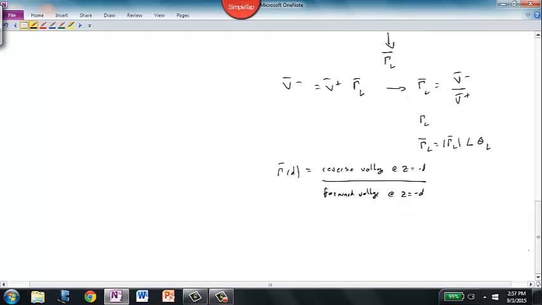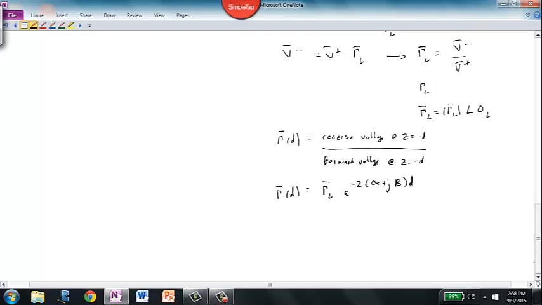We could do a little bit of math to show it, but I'll save you the time and give you the results. If we plug z equals minus d into the equation for reverse voltage and forward voltage, you end up with the result that the reflection coefficient at any point along the transmission line can be calculated by taking the reflection coefficient at the load and multiplying it by e to the minus 2 times alpha plus j beta, times the distance along the transmission line that we're looking at.